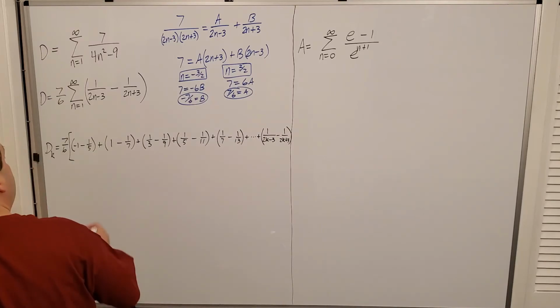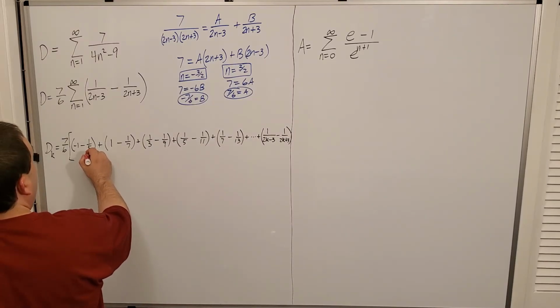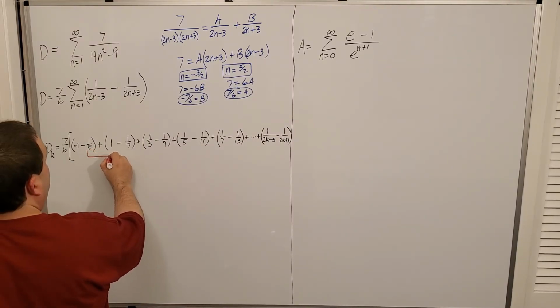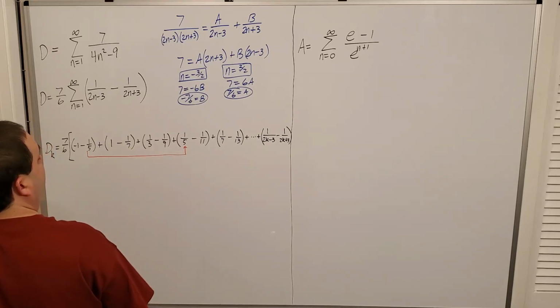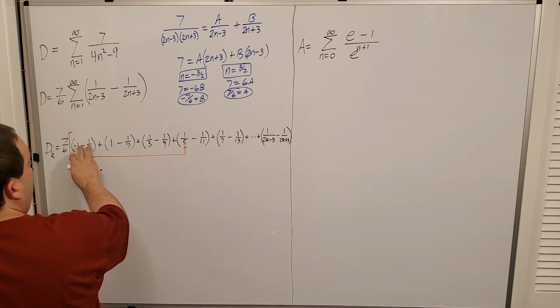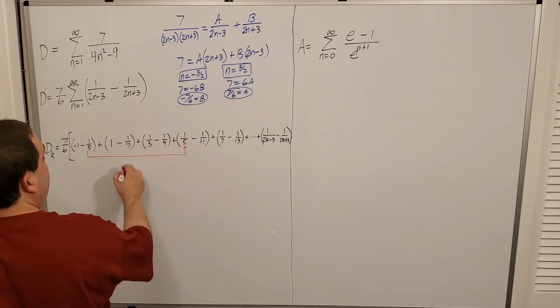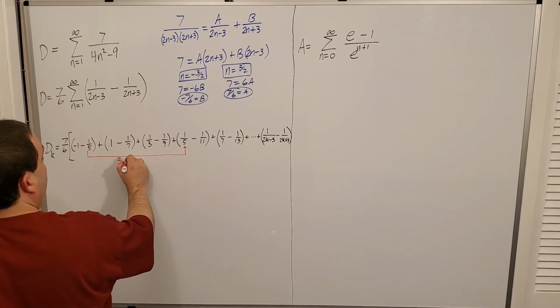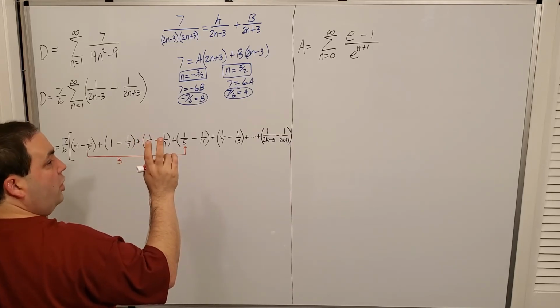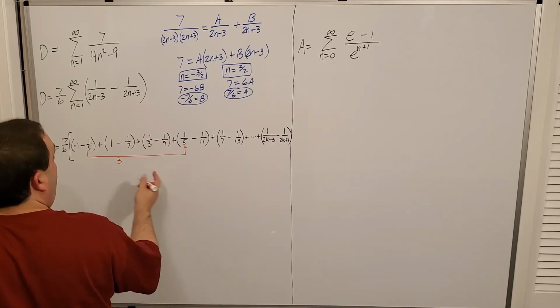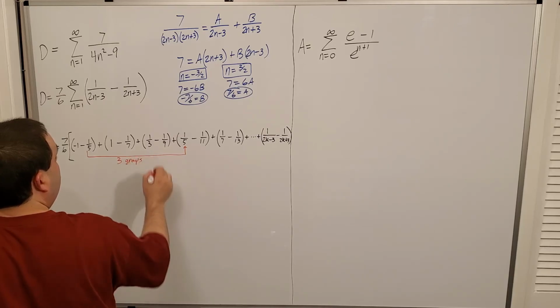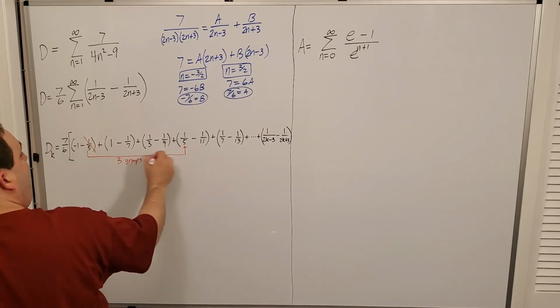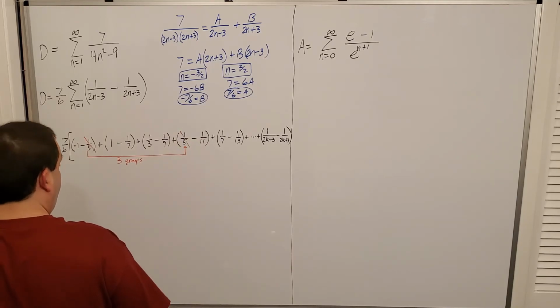I see a negative 1/5, and then several terms down, I see a positive 1/5. Okay? 1, 2, 3 groupings down. So 3 quote-unquote terms, 3 partial sums down, 3 groups down. And those are going to add out to 0, of course.